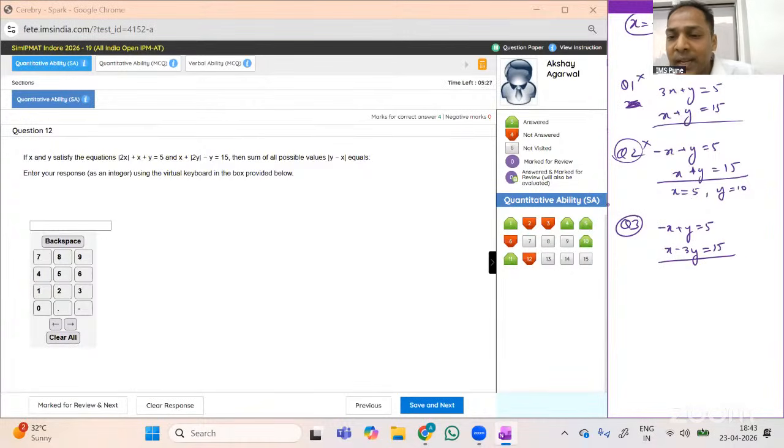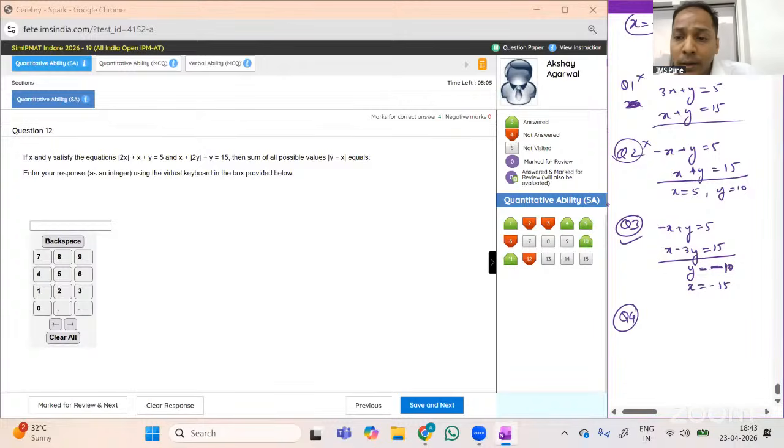Solving them simultaneously, add them up. Minus 2y is equal to 20. Y comes out to be minus 10. And x is equal to y minus 5, so x will come out to be minus 15. So we have a solution in the third quadrant.